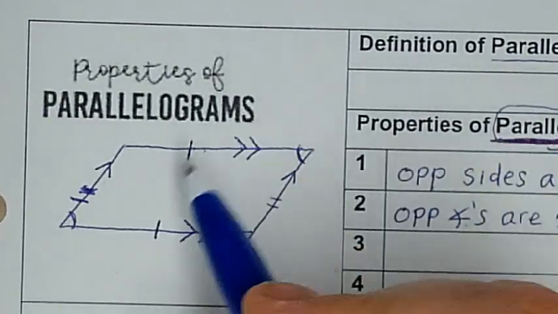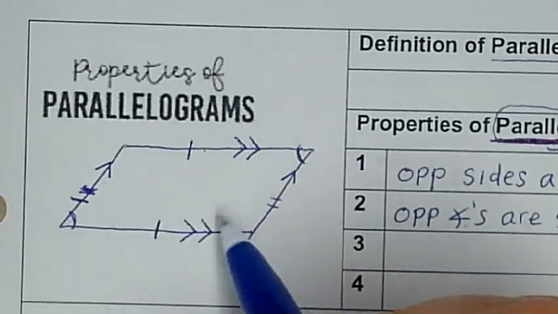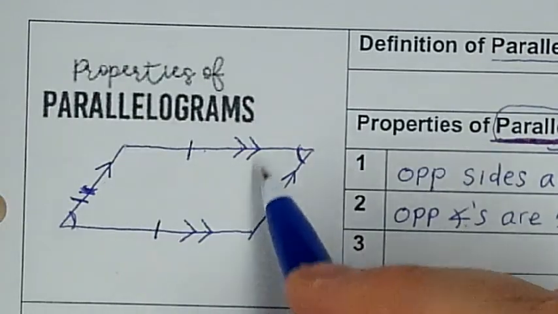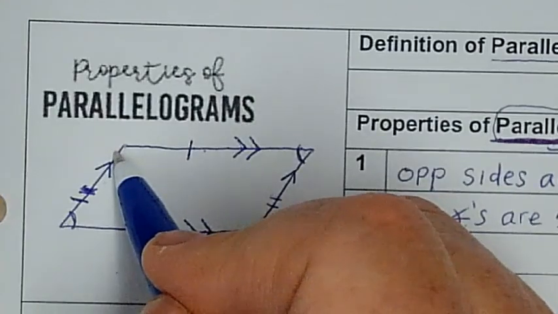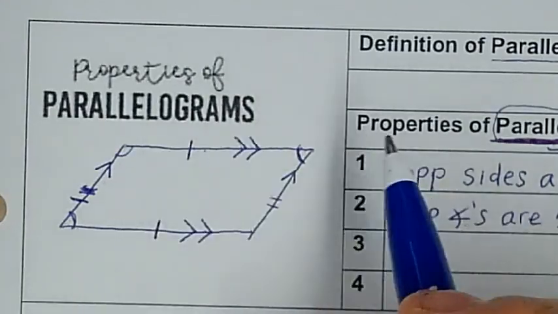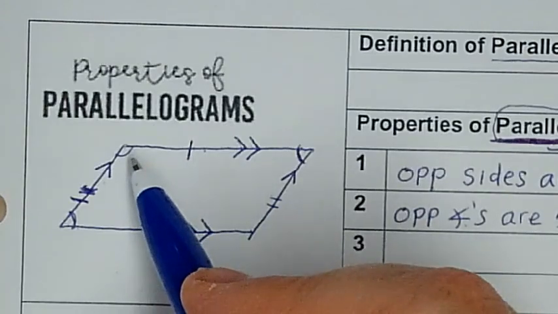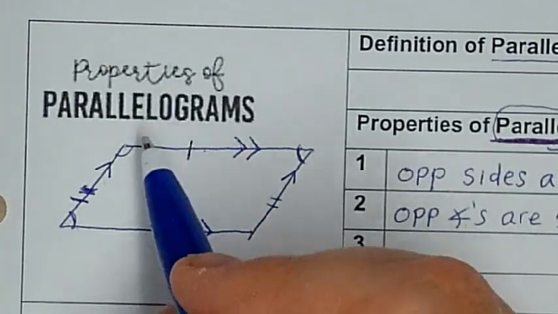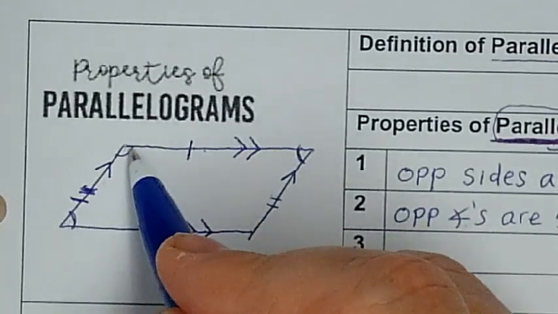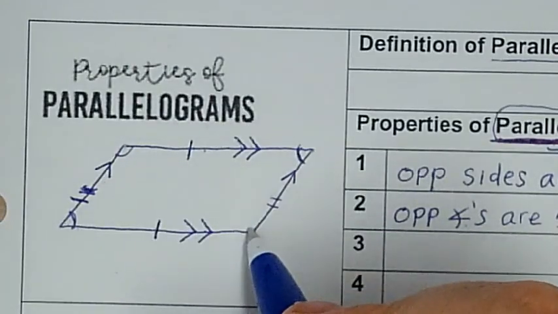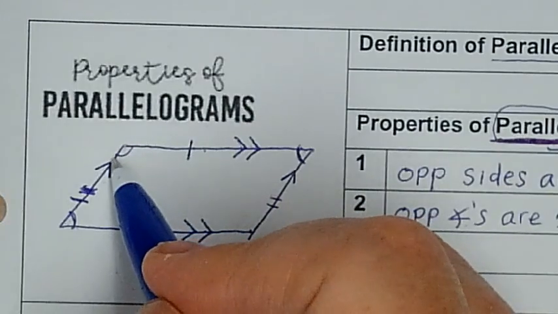Now, what about these two? They are opposite angles, so they're congruent to each other. What do I do to mark that? Is one good enough to use? Well, if I use that, it's also saying it's congruent to this angle. But I really want to just say that this angle is congruent to this angle. So instead of using just 1, I would put 2.